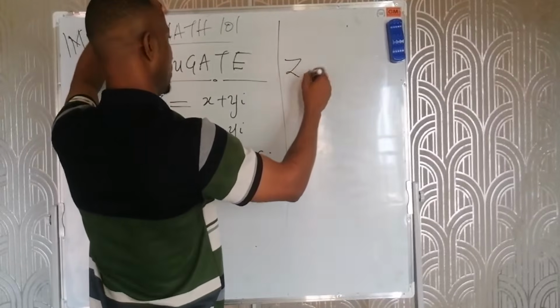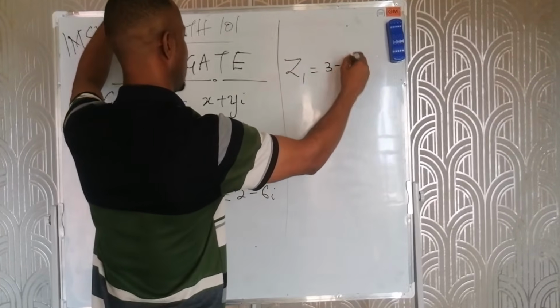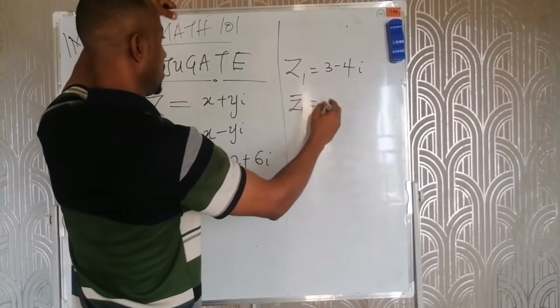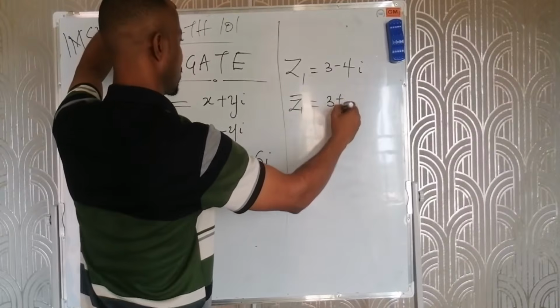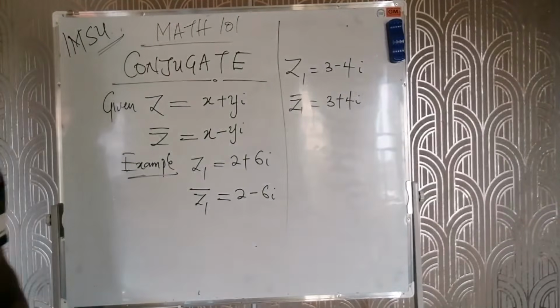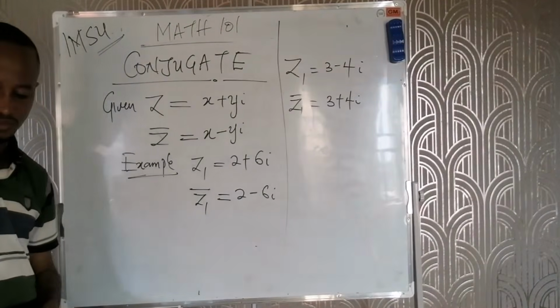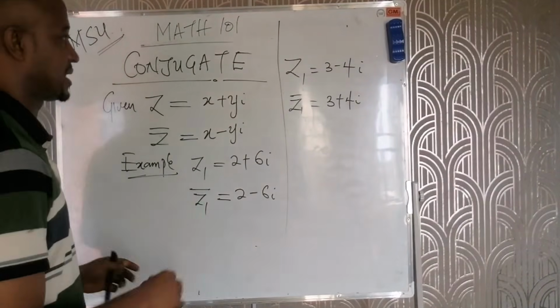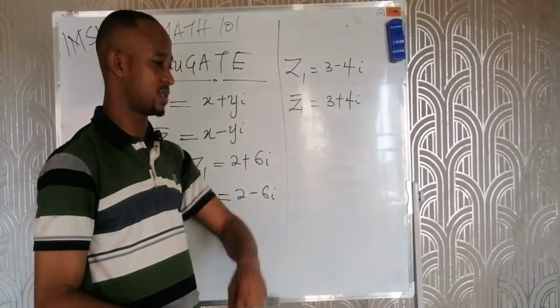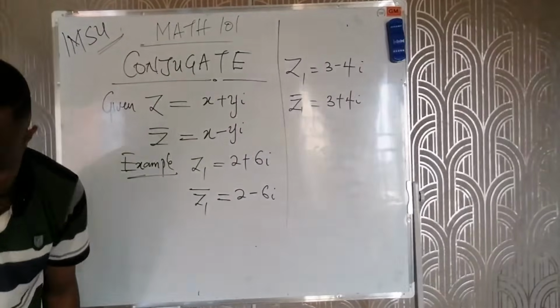Let's say z1 is 3 minus 4i. The conjugate of z1 will be 3 plus 4i. Very simple. Just change the sign to the other sign. If the sign here is minus, the conjugate of it becomes plus. All right, so let's proceed further.